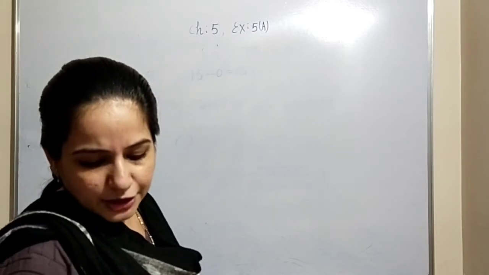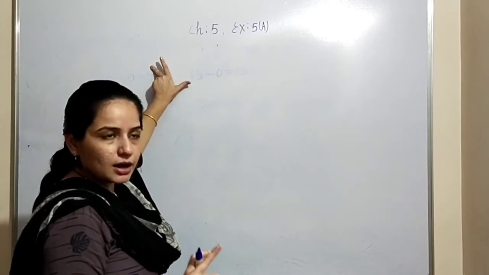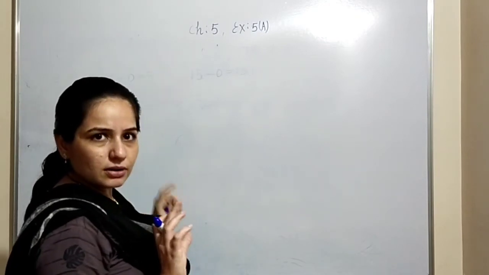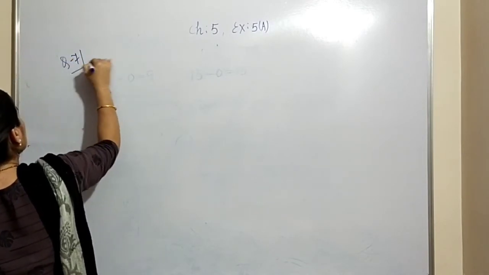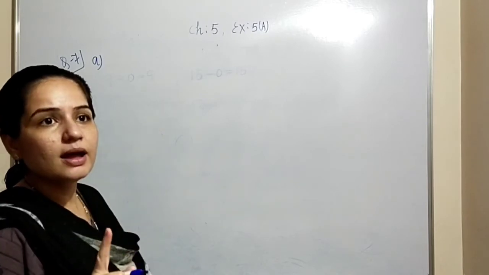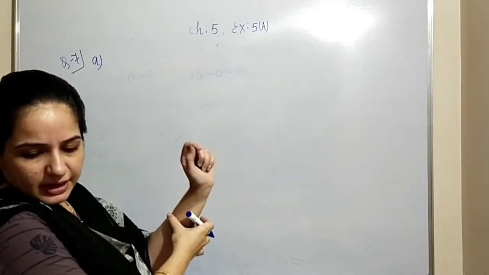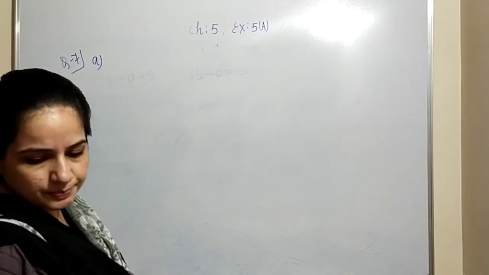Okay, minuend, as you already know, the first number of the subtraction is called the minuend. So we'll place the minuend on top. Okay, in question number 7 we have to write the minuend on top, because minuend means the first number of the subtraction, from which we have to subtract the other number.